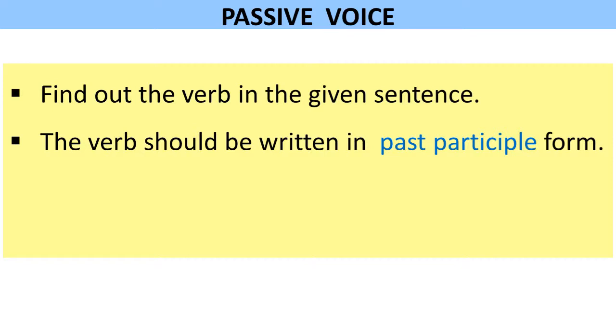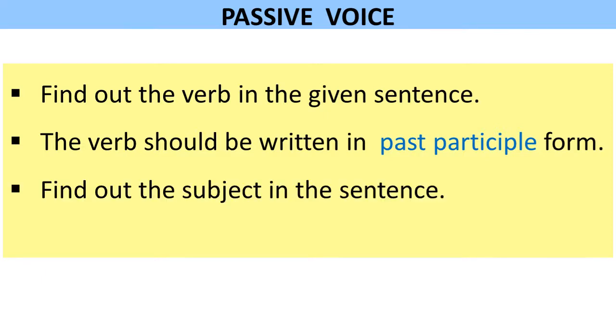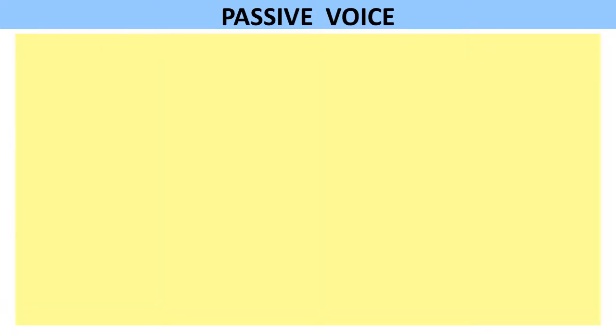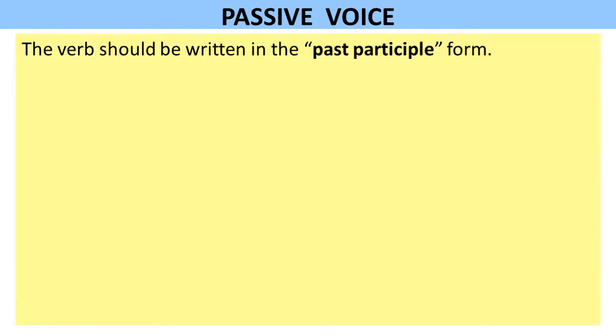If you can find the verb, then you have to know the past participle of that verb. Find out the subject in the sentence, then find out the object. The verb should be written in the past participle form as told earlier.